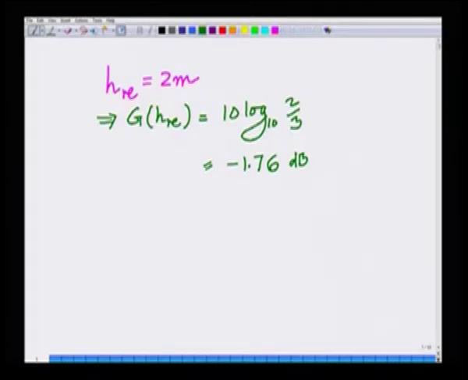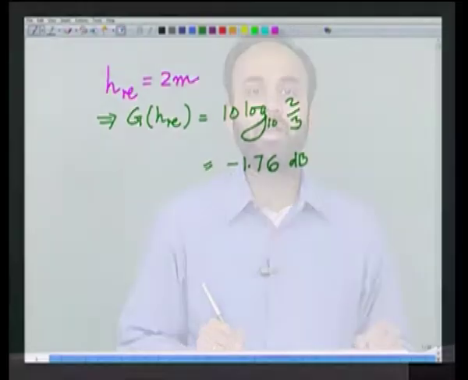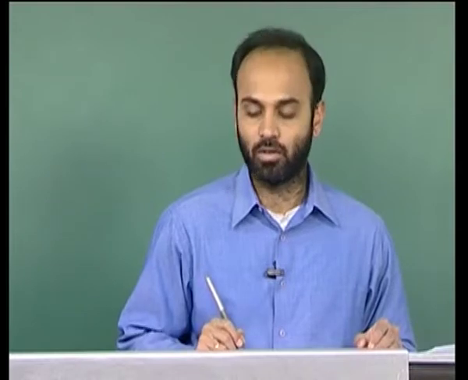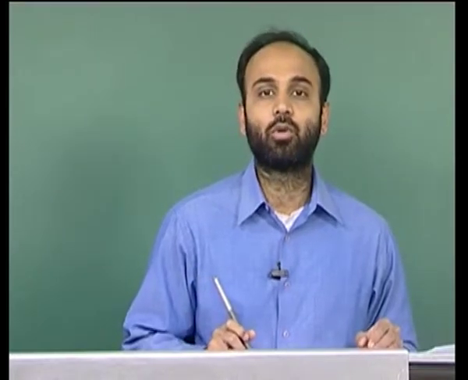All right. So, the receive antenna gain factor is minus 1.76 dB, corresponding to a receive antenna height of 2 meters.